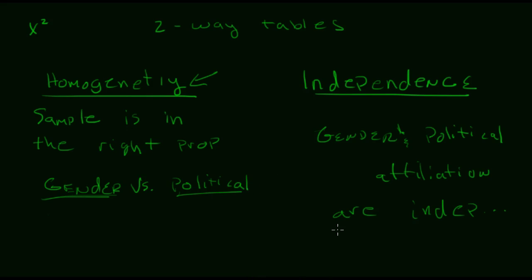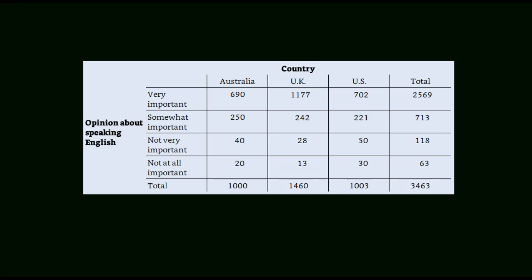So let's take a look at a two-way table and try to understand what this means and how it comes to be. What we're looking at here is what country the person is from in the sample, three countries that are all English speaking: Australia, the United Kingdom, and the United States.